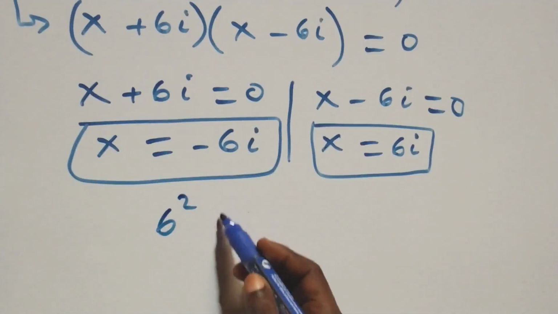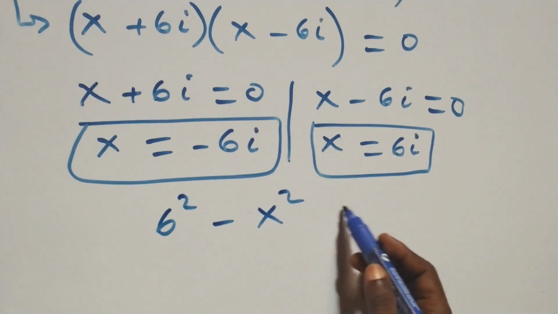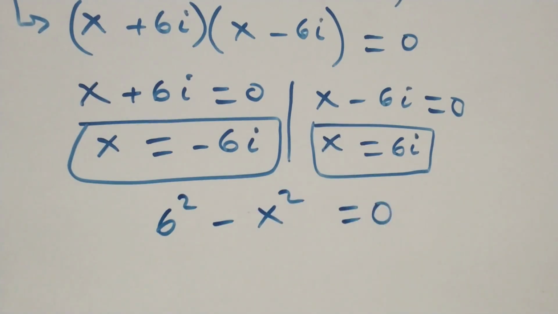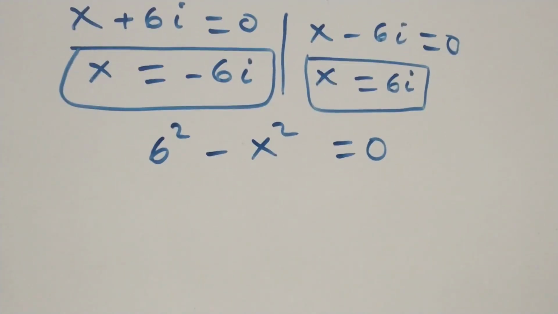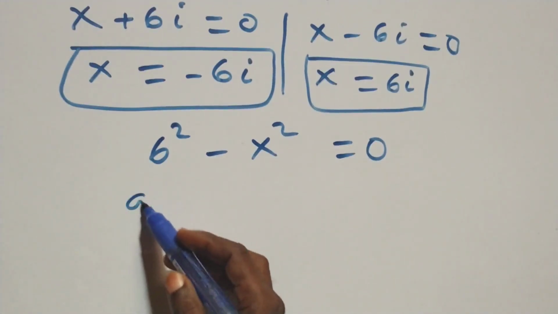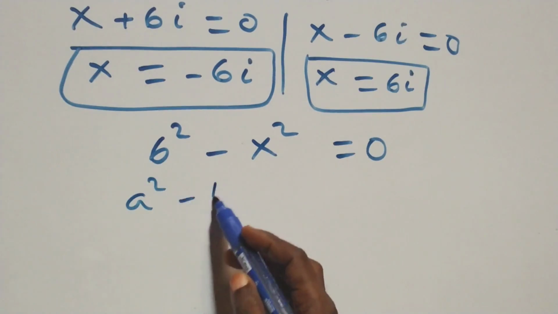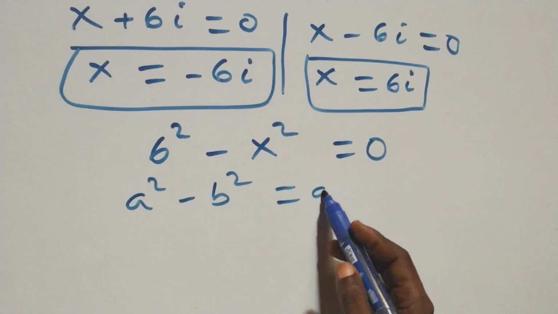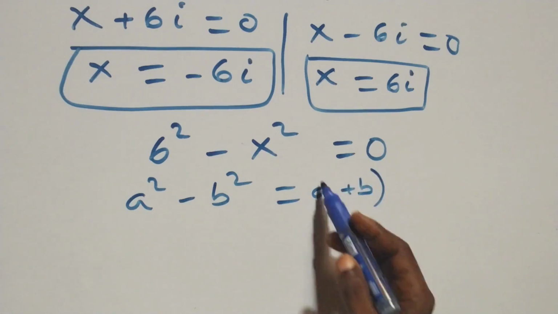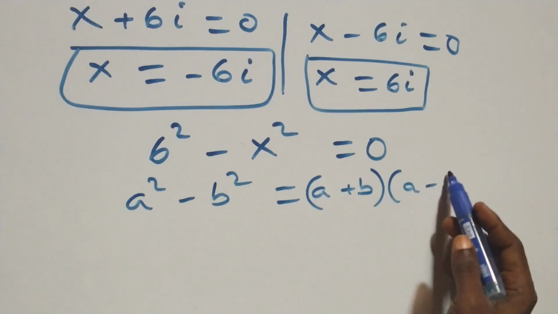minus x squared equals to 0 here. Then this also follows when we have a squared minus b squared, which is same thing as a plus b into brackets, then open bracket a minus b.